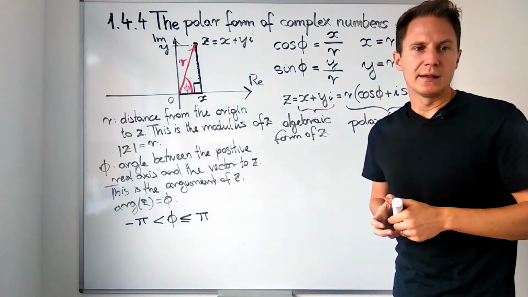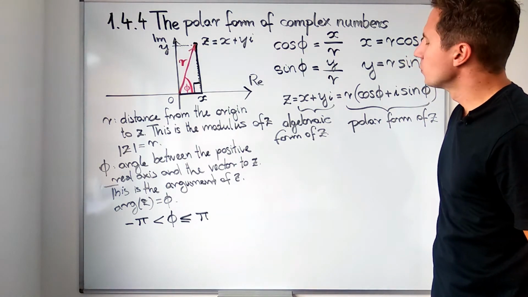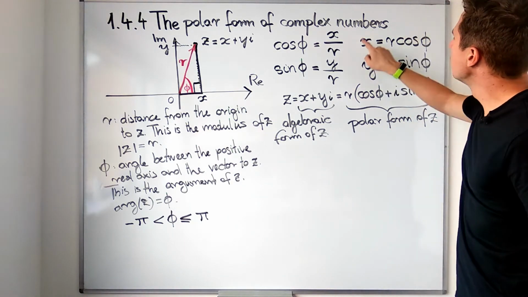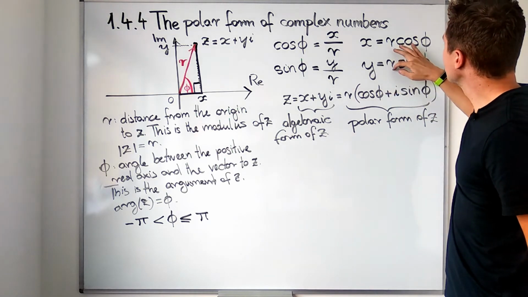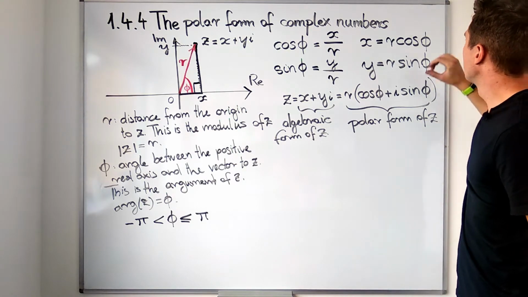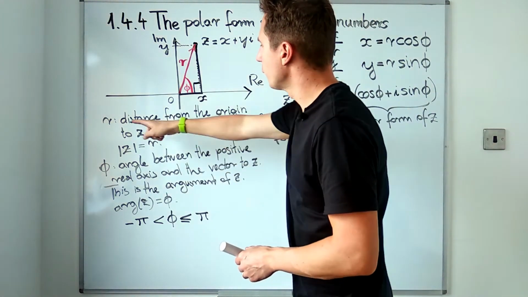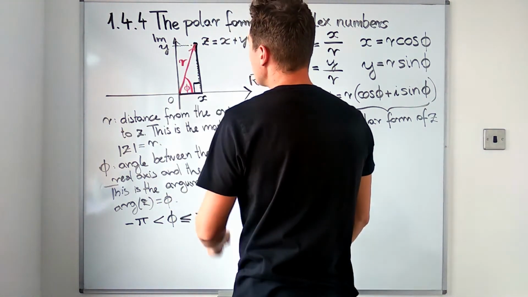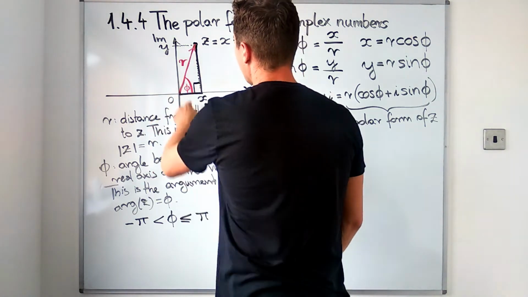Okay, and the only challenge now is to find formulas that are the inverse of these relations, basically meaning that we should express r using x and y and similarly express phi using x and y. Well, it's not too difficult for r to see that what we did before can again be used. It's a right triangle with hypotenuse of length r.